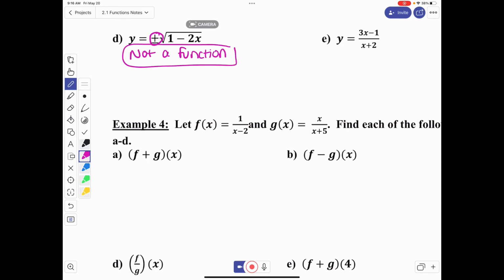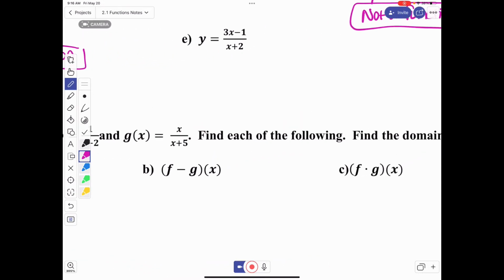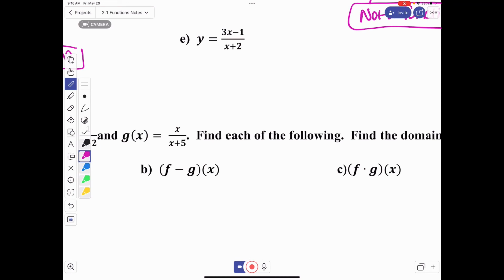And then on E, if I plug in a 1, 3 times 1 is 3 minus 1, I get 2, and I'll get 2 over 3, so 2/3, I just get one answer. So even though it's a fraction, where we could get undefined on the bottom, that's okay. If I plug in numbers, I'm still only going to get one answer. So this one is a function.